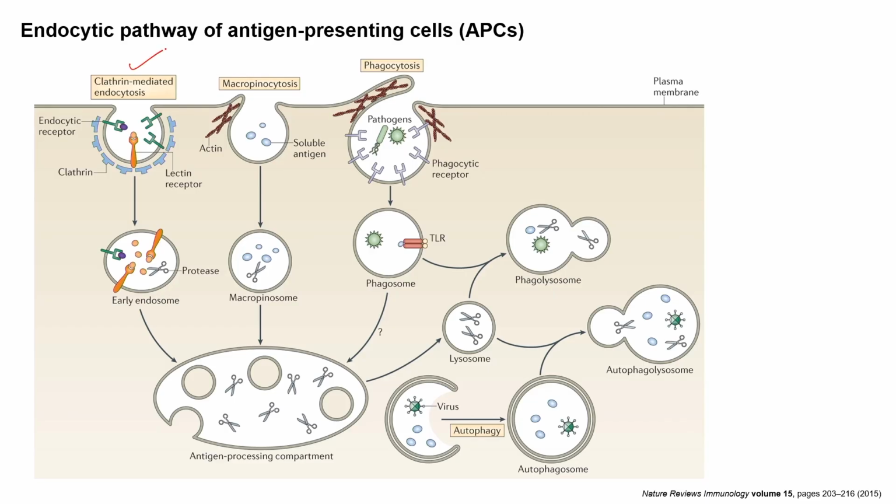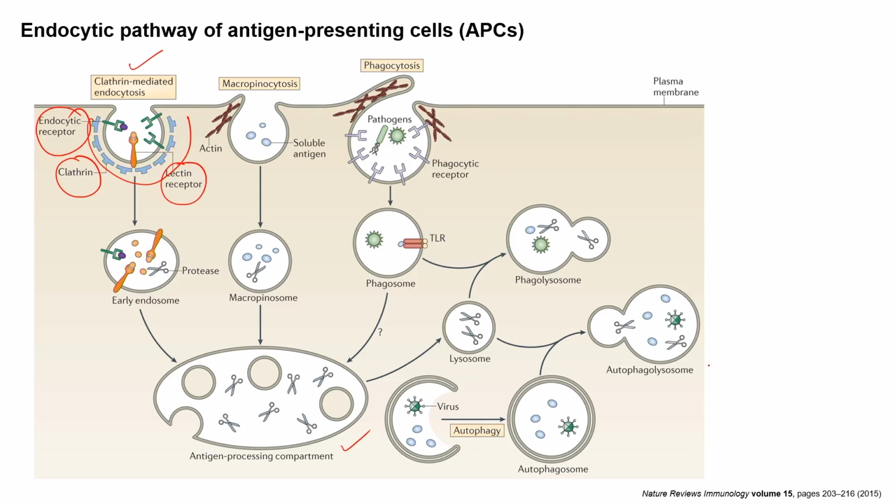First is clathrin mediated endocytosis, which is the invagination of the plasma membrane by specific proteins called clathrin. These line the vesicle. In addition to clathrin, receptors such as lectin receptors or other endocytic receptors can trap the antigen, and the antigen can be processed by different proteases and ultimately presented through different pathways.